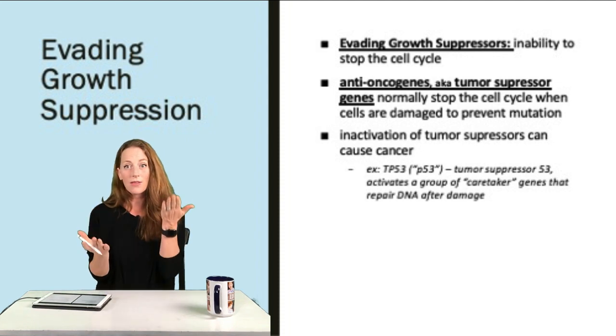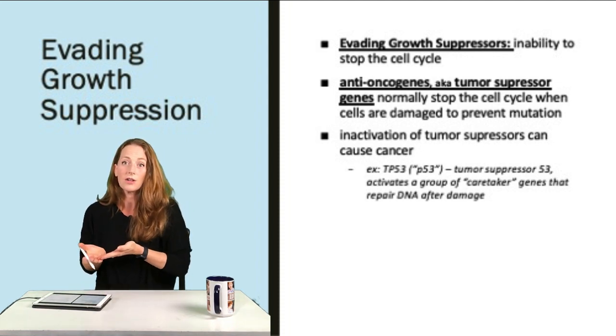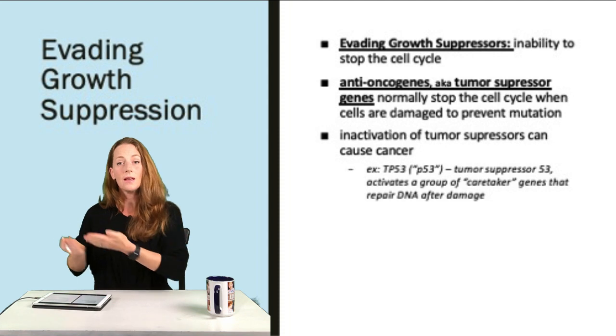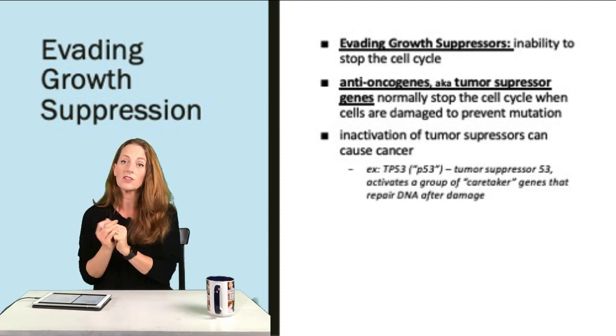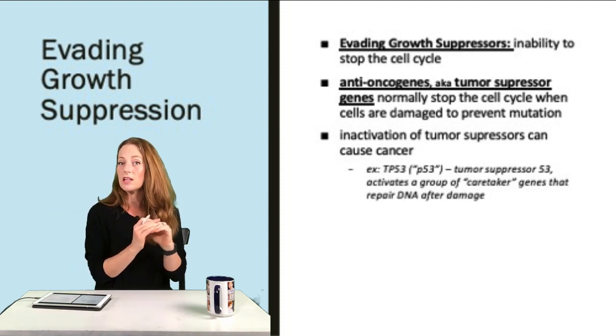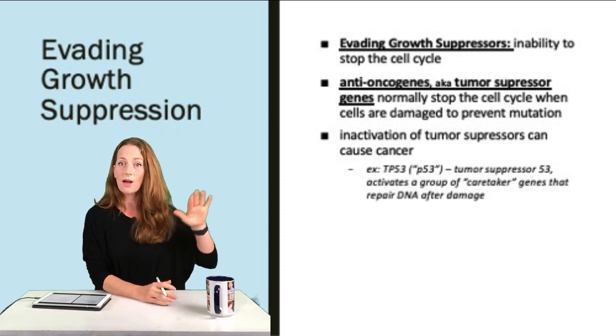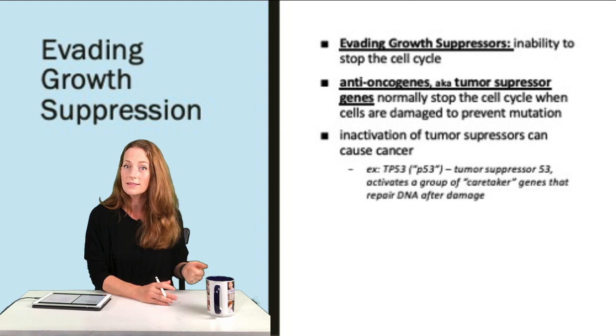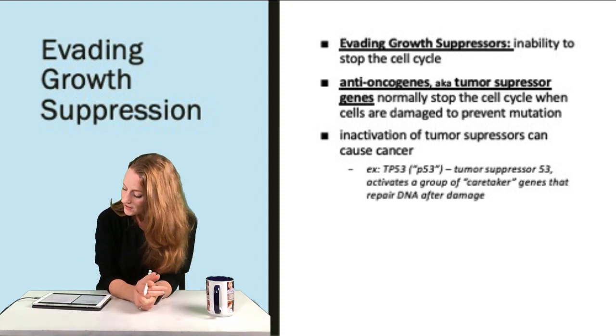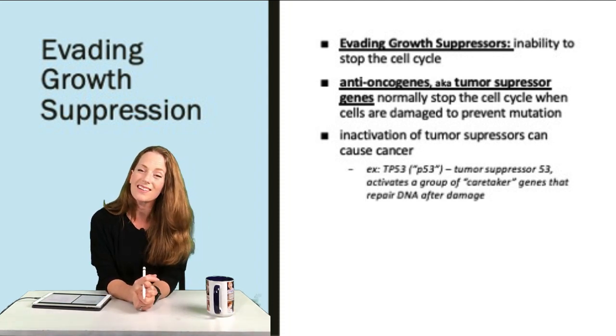So compare them. Oncogenes are turned on to cause cancer. They increase proliferation. Tumor suppressor genes are turned off to increase cancer because the stop signals are no longer present. Inactivation of tumor suppressors then can cause cancer.